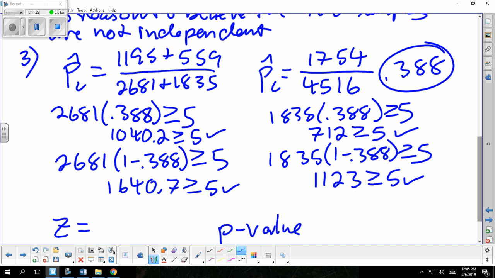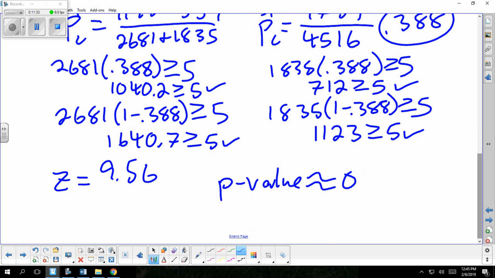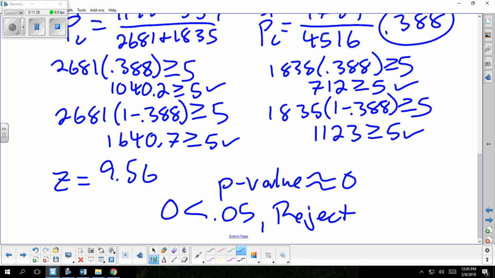And I got a z of 9.56 and a p-value of approximately 0. So since 0 is less than 0.05, we're going to reject the null hypothesis.